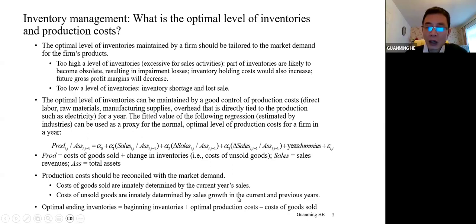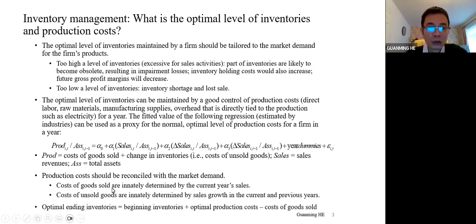And if the market demand for the products keeps growing, in other words, the sales growth is high, then the company should increase the inventories to meet the growing market demand for the products. So the cost of unsold goods should be high.